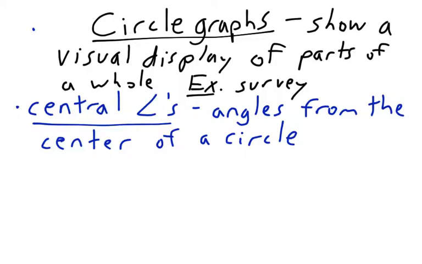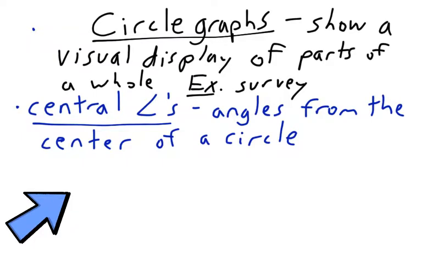Central angles are part of a circle graph. In order to figure out how big to make them, based on the percentage of people voting a certain way, we need to figure out the degrees. Angles from the center of the circle represent our central angles.